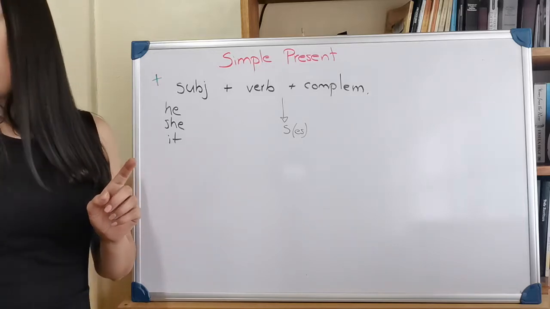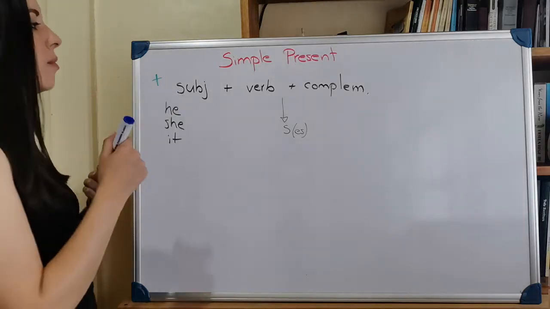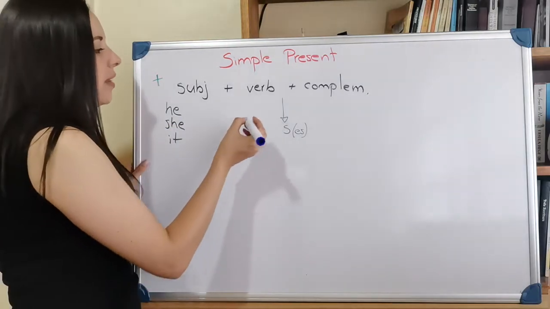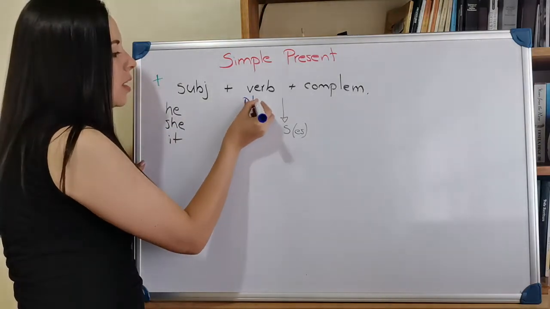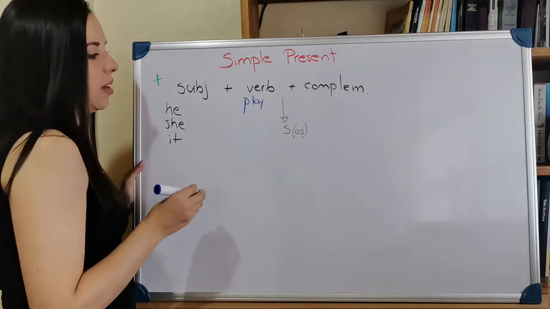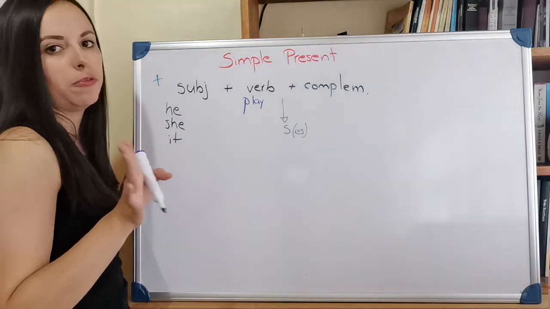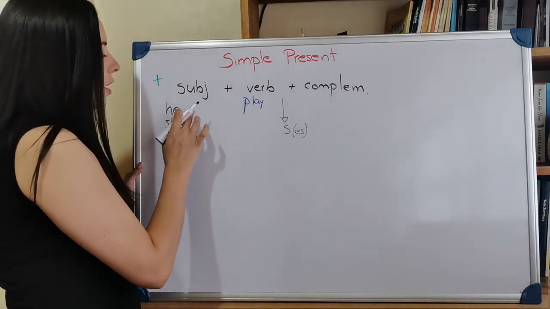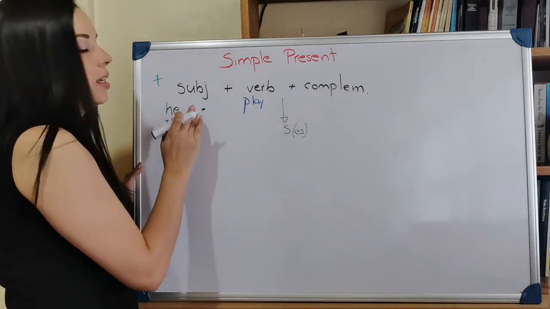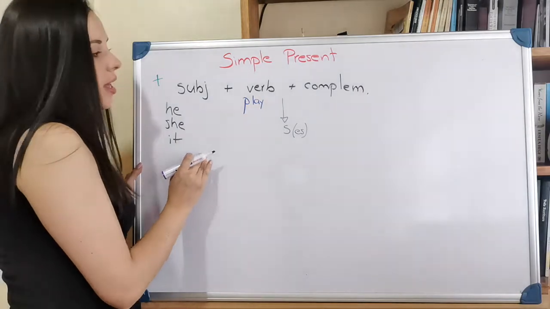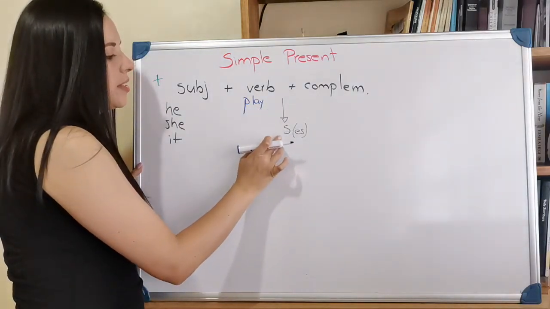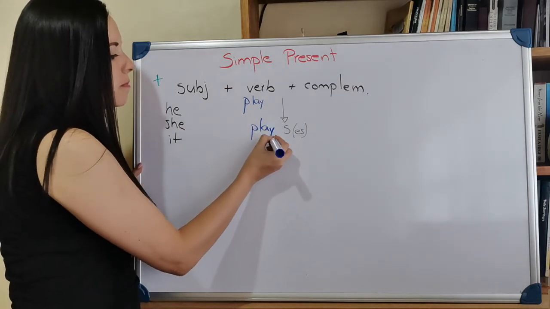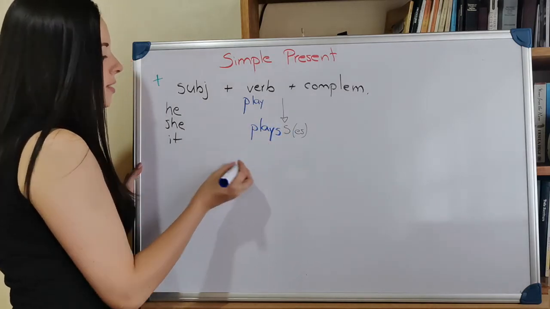We're going to use a very common example, okay? A very common verb. Let's use the verb play, okay? Everybody knows the meaning of play. So when we are using the subject he, she, or it, the verb requires an S. So we need to say plays.